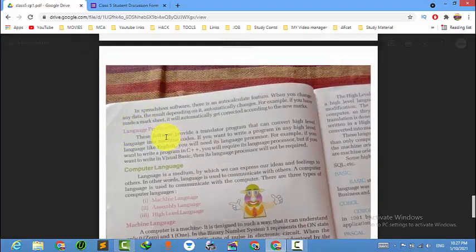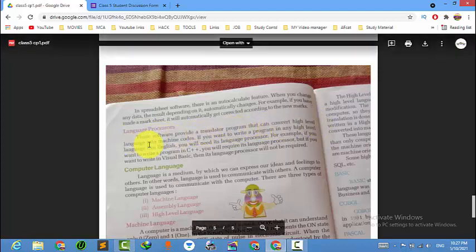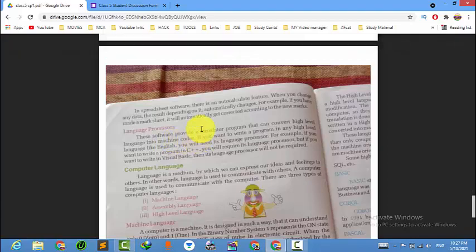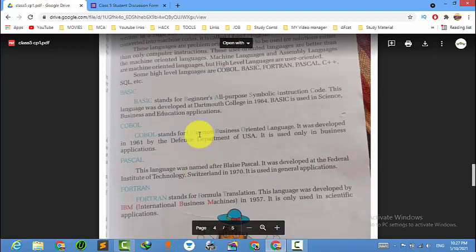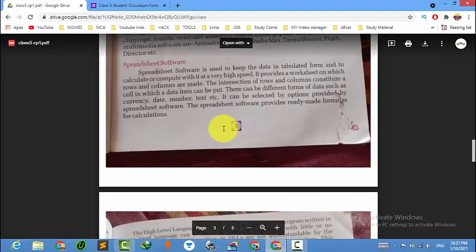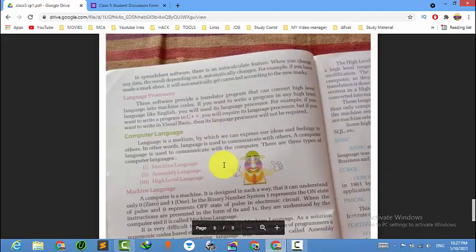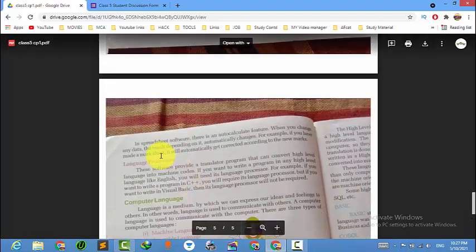Computer languages. Okay, language processor. The software provides a translator program that can convert high level language into machine language. Some pages are missing. This one is 56. Okay, language processor.